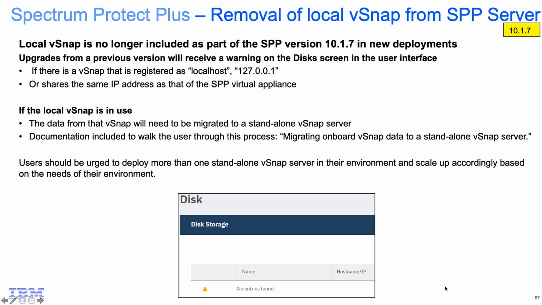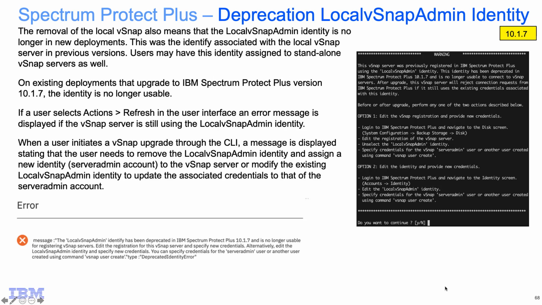This was really designed to be used for proof of concepts, and so hopefully if you're running in production, you are not using this. If you are, what you'll have to do is migrate that data from the vSnap to a standalone vSnap server. The documentation is included in the Knowledge Center that allows you to migrate that data to a standalone vSnap server.